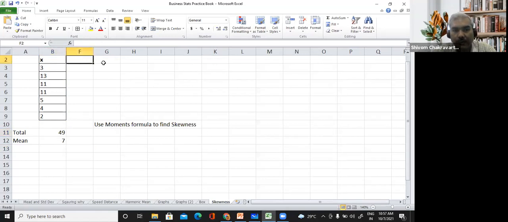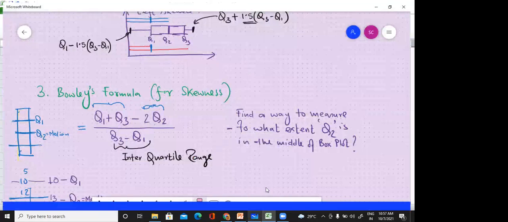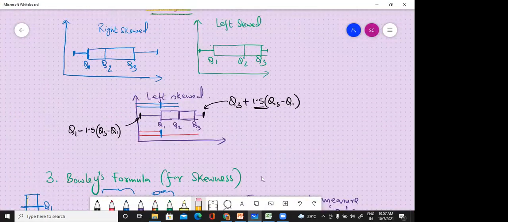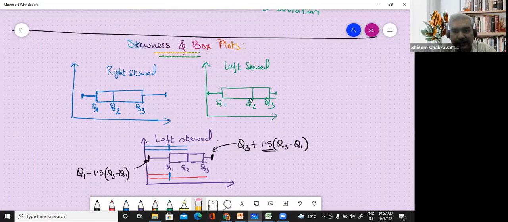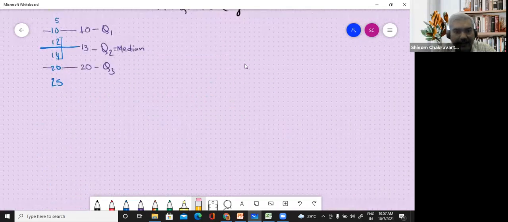Then you can put more columns here. So what all do we want to find out? We basically want to use this formula, right? Let me write it again because it has been a while since we discussed that last time.